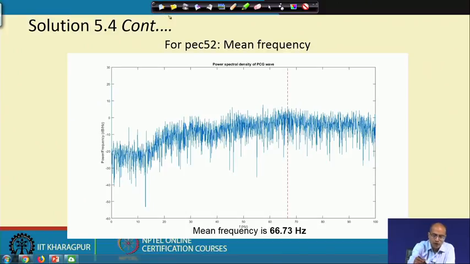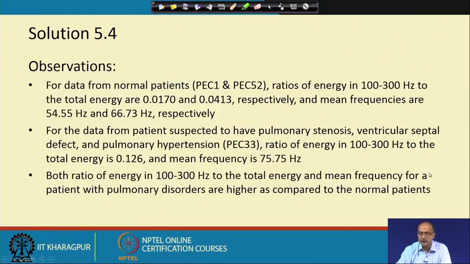Okay. So, now as we have seen the PSD, the energy ratio and the mean frequency, now we go for the conclusion. First we state what are the energy ratios we get here for the normal patients PEC 1 and PEC 52.